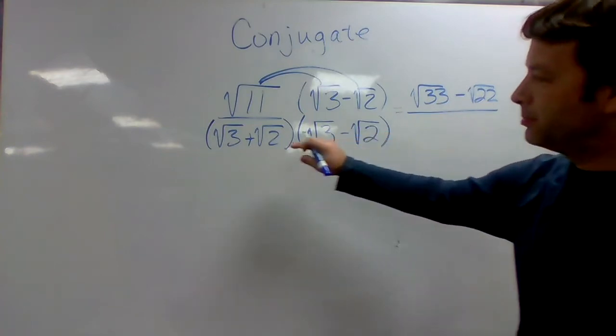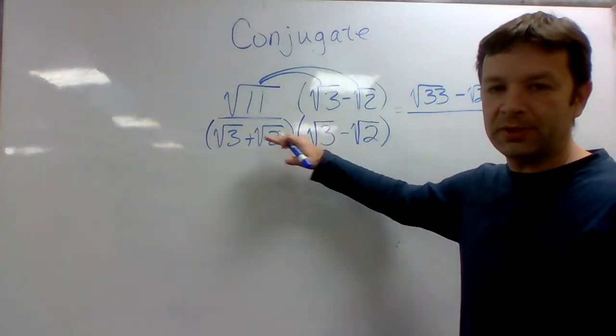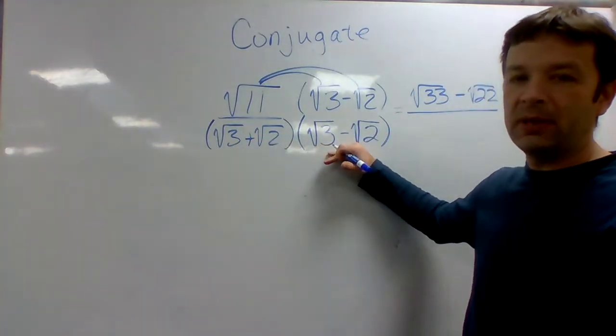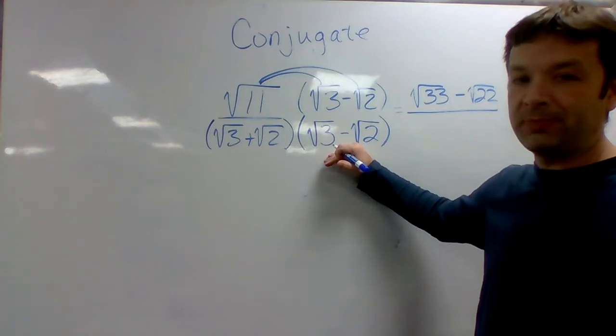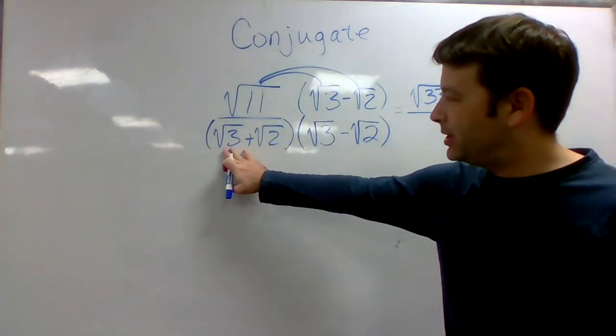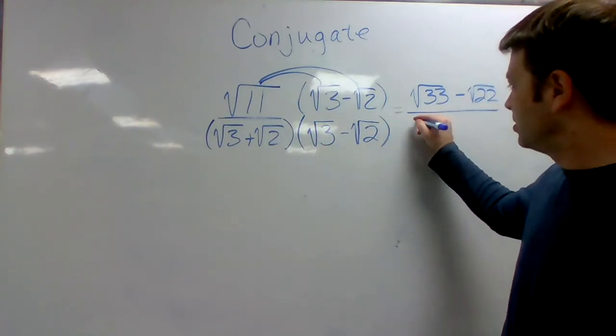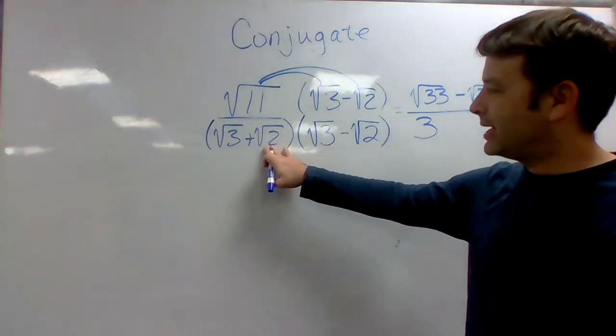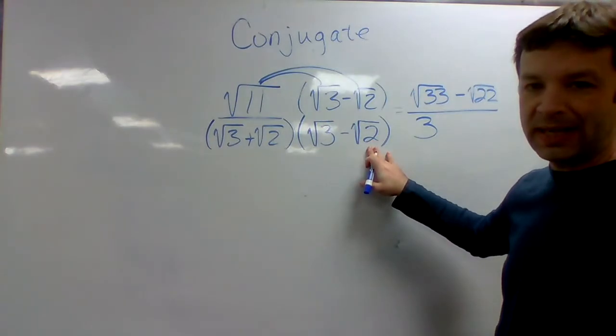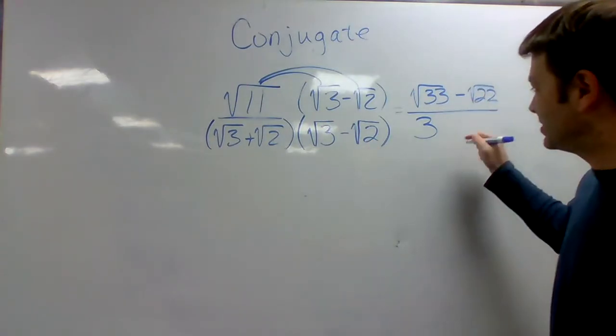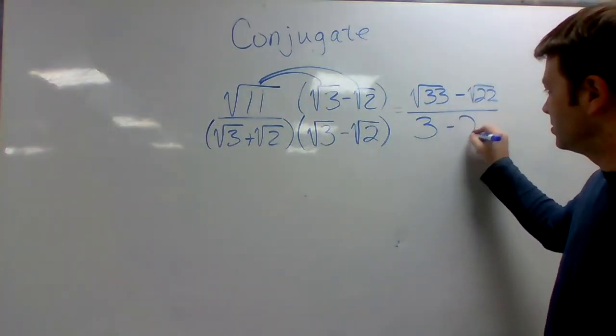Okay, bottom. Remember, we're foiling here because it's 2 terms times 2 terms, but we're only going to do the first and last because they're conjugates. Square root of 3 times square root of 3 for the first is a normal 3. The last, square root of 2 times negative square root of 2, is negative 2.